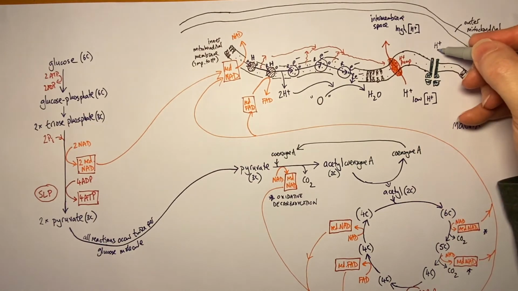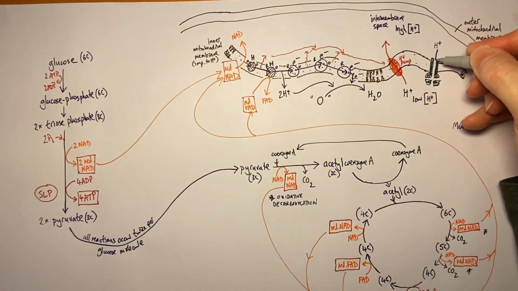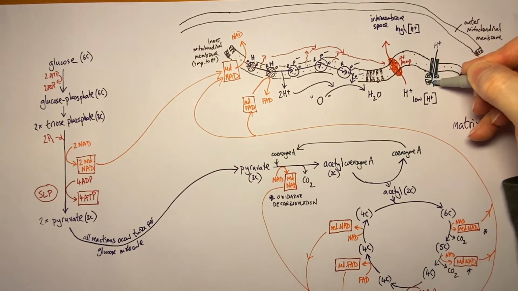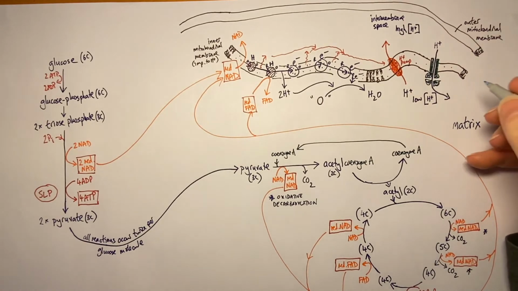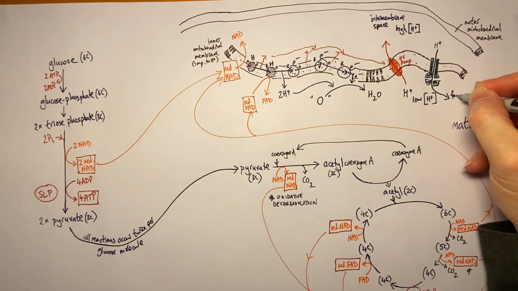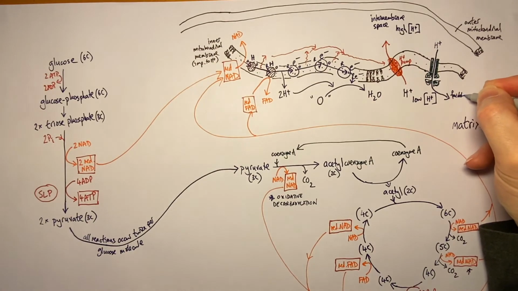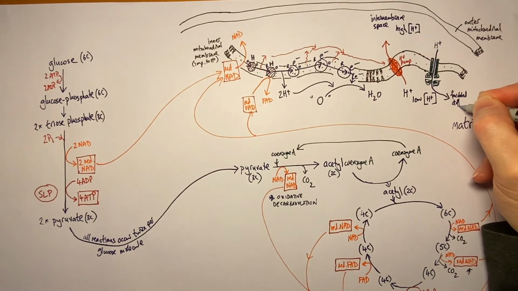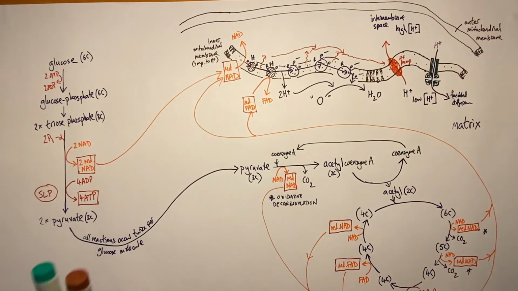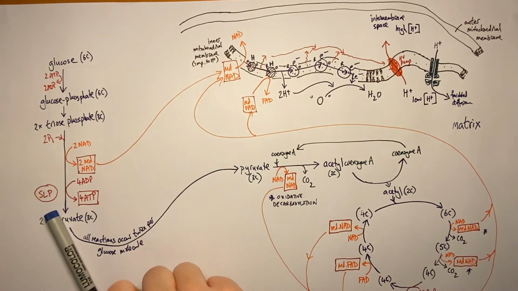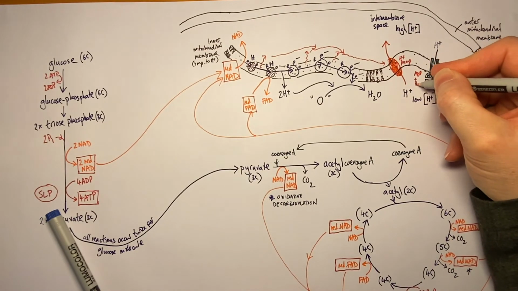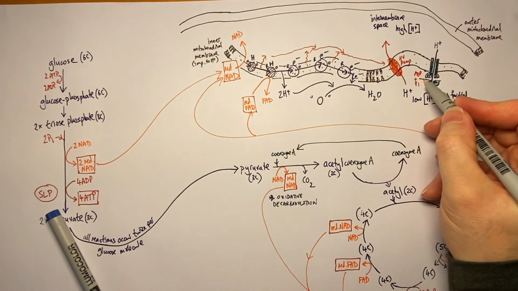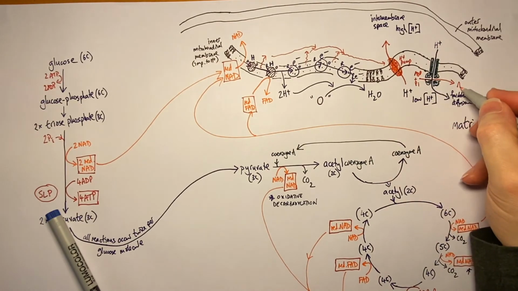So they move out through this channel, and this is a form of facilitated diffusion. That does say facilitated. And as they move across, they lose energy. And that energy is used by this enzyme here to form ATP.